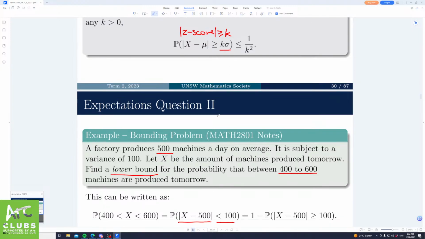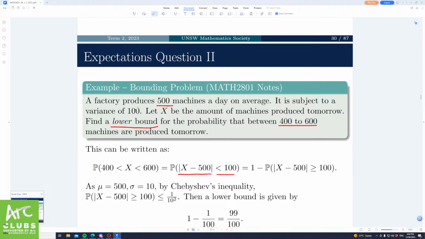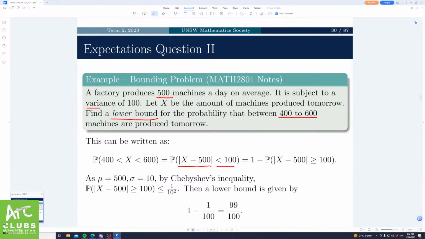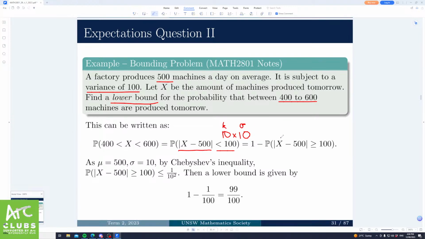Mu is our 500 in this case. Sigma is going to be 10, because our variance is 100, so square rooting that gives us a sigma of 10. And so we can write this 100 as 10 times 10, where the first 10 is our k, and the second 10 is our sigma.